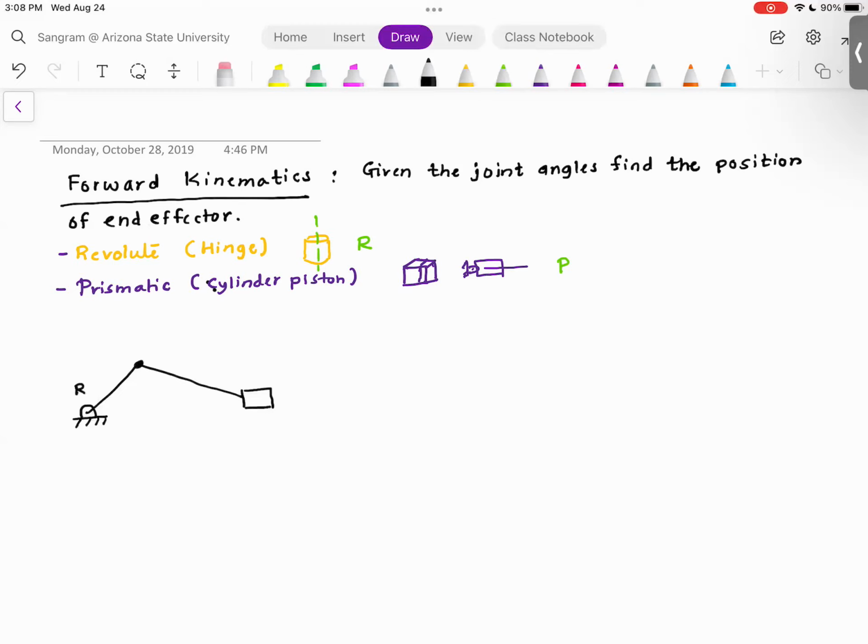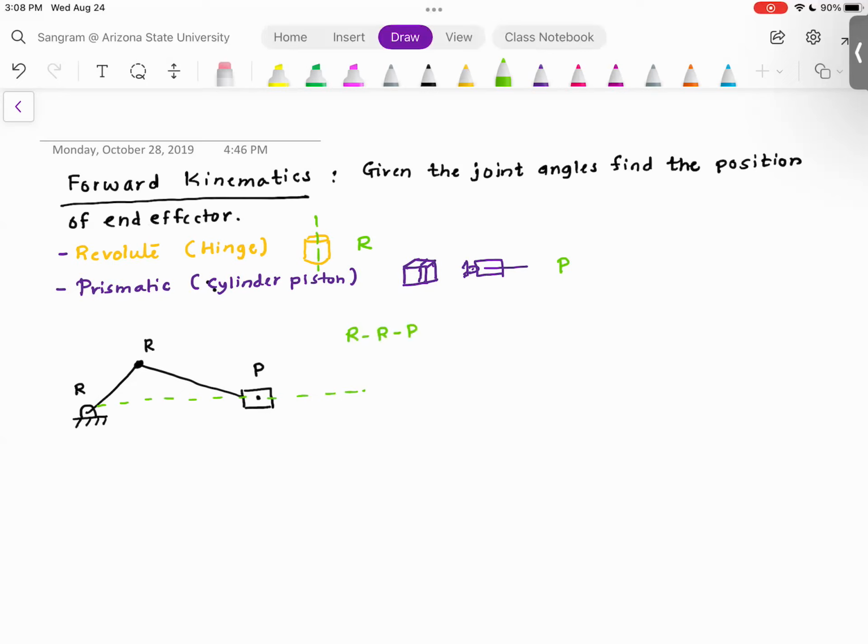There is another hinge, which is the revolute joint, and then you have a piston or the prismatic joint. And I'm going to draw a horizontal line, something like this. So if I were to call this a robot, this is going to be my RRP robot.